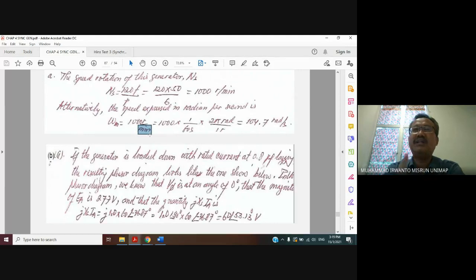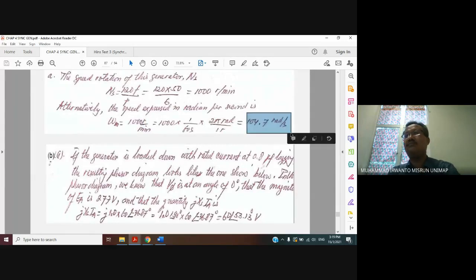You know 1 minute is 60 seconds. So 1000 should be multiplied by 2 pi radian over 60 seconds. Now we obtain the mechanical speed as 104.7 radian per second.